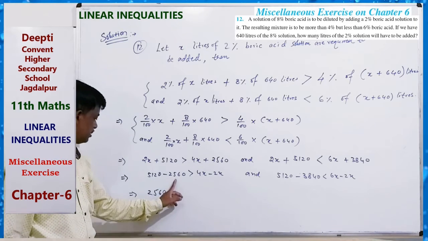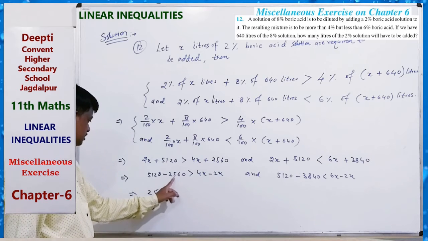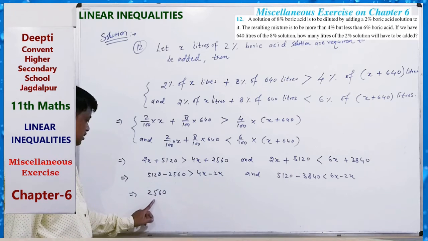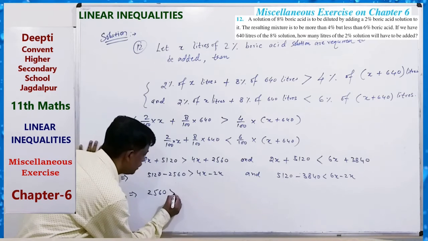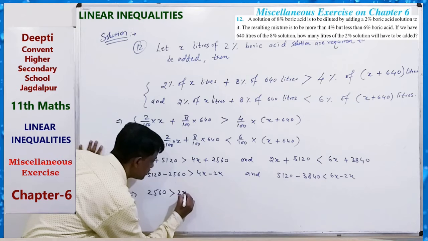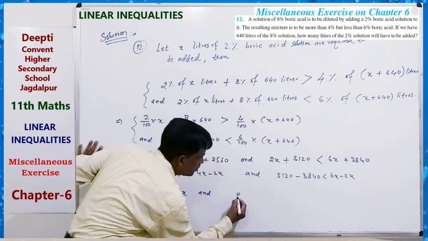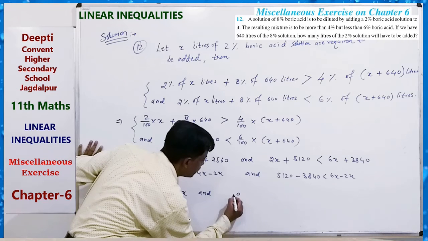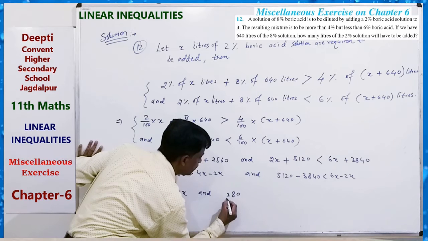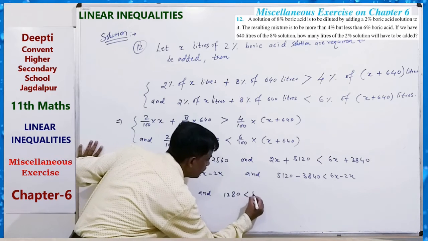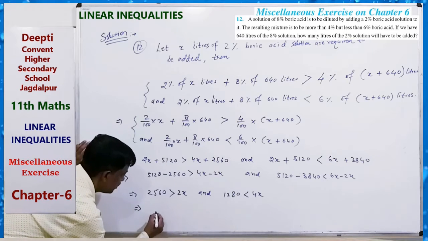So this is greater than 2x, and here 0 is less than 4x. Okay, so implies what?